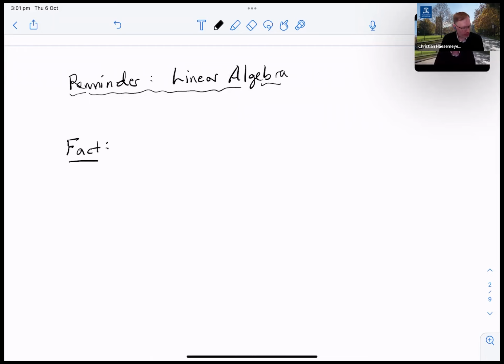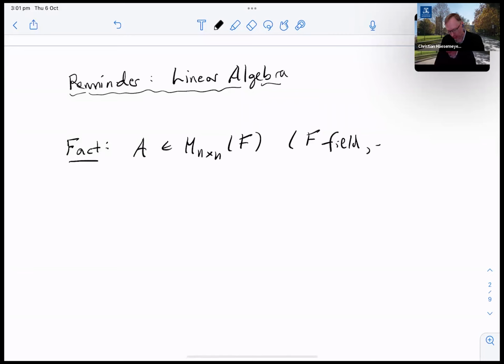So here's a well-known fact from linear algebra. Suppose A is some square matrix with coefficients in a field. So it could be the real or complex numbers, or whatever field is your favorite. Such that A is equal to its own square. So such a matrix is called idempotent.